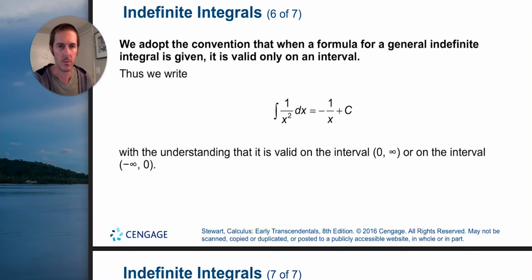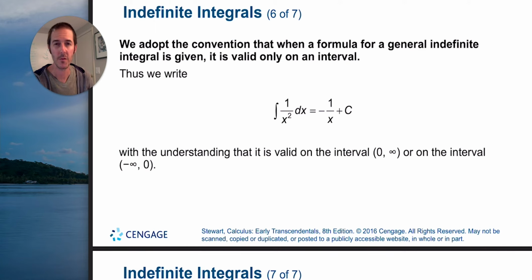So, as I've mentioned in a previous video, making sure to include plus c as a constant value is very important. And when you go through the integration process and you end up with your new expression or your new function, there's an understanding that the new function has a particular domain.